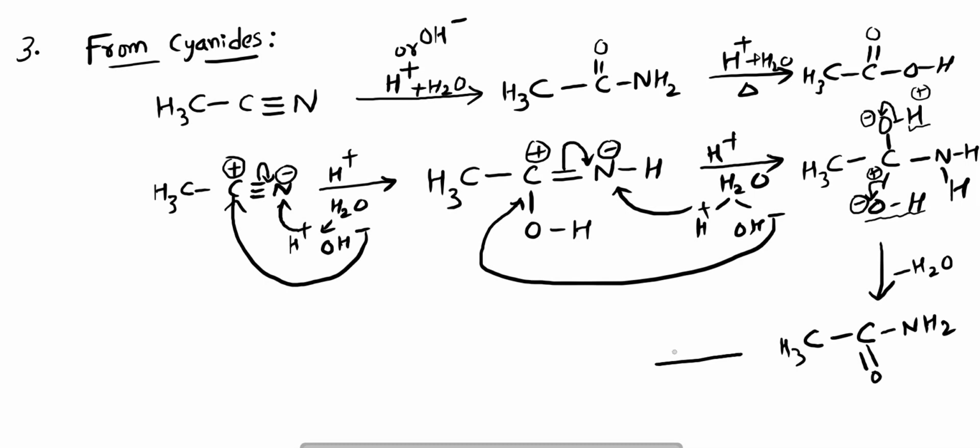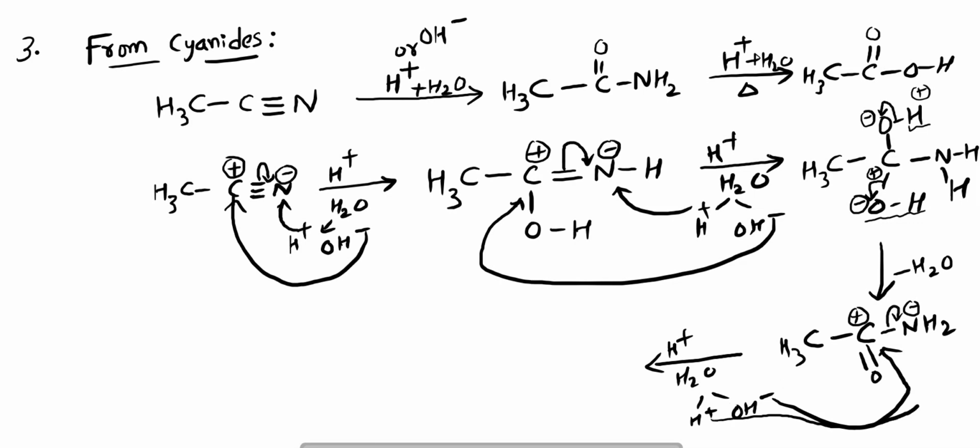If we continue this with the same acid and water, water breaks as H plus and OH minus. Again these electrons are taken by nitrogen. Carbon is positive. Negative attacks positive, and positive attacks negative. And we have to heat here. Why do we have to heat?